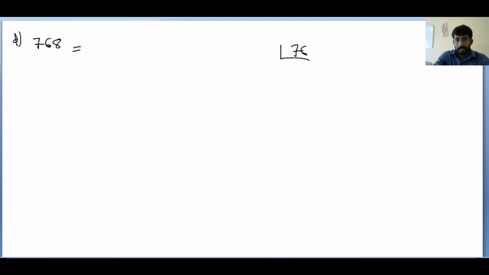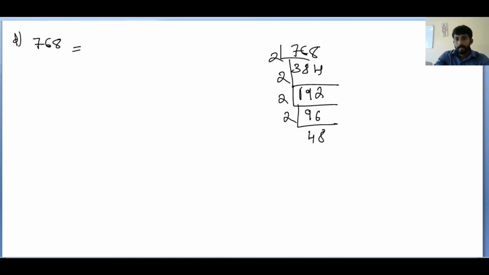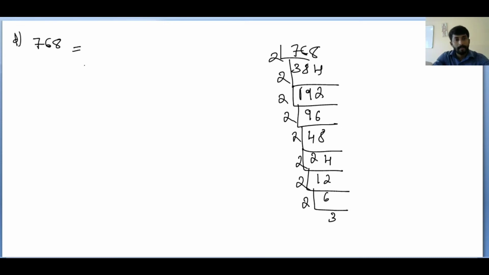Here divide 768, starting with 2. 2 3s are 6, 2 8s are 16, 2 4s are 8, 2 9s are 18, 2 2s are 4, 2 6s are 12, 2 12s are 24, then 2 3s are 6, then 3 1s are 3, no need to write it again. So write the prime factorization of 768.